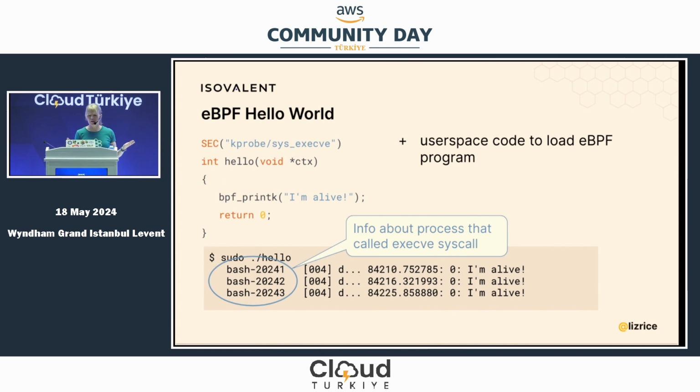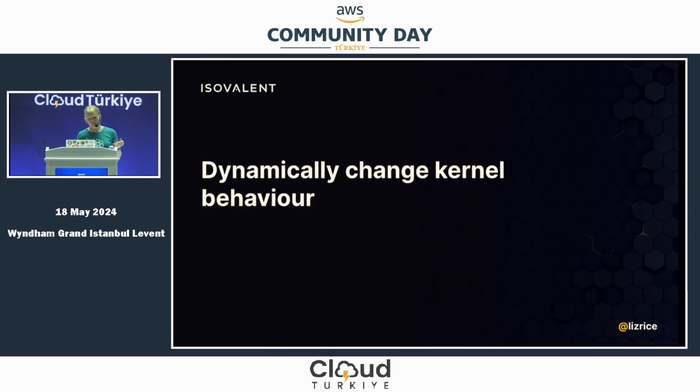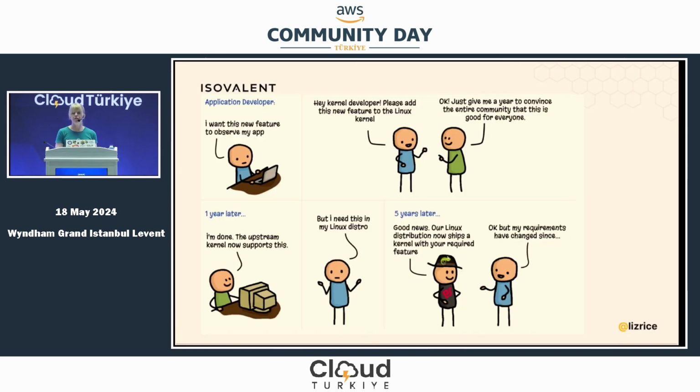That didn't do anything particularly useful, but it did have information available, things like what the process ID was, what the executable was that triggered that eBPF program to run. So we can use that contextual information to do useful things. And with those useful things, we can change the way the kernel behaves.